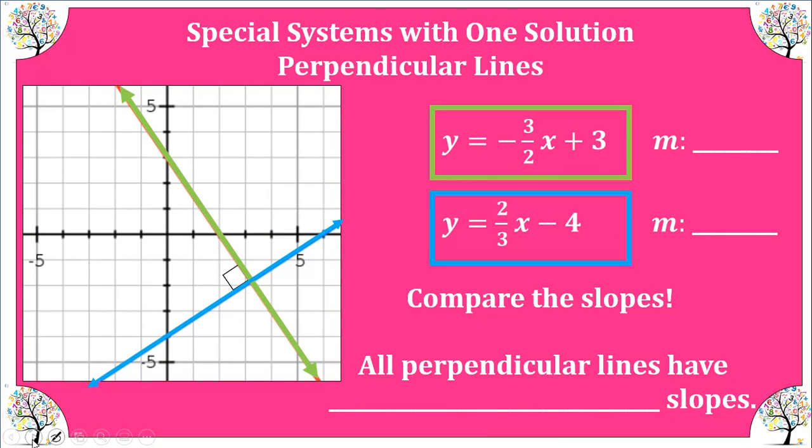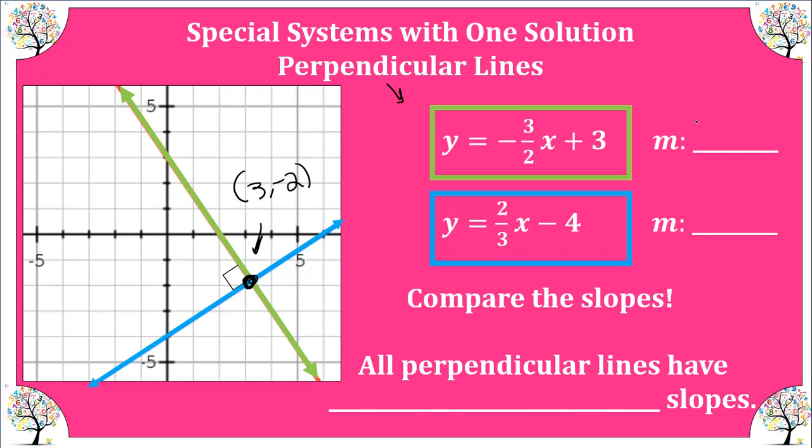But before we do that, let's take a look at a special system where they cross at one point. So here would be our ordered pair, and this would be (3, -2). But look to see when they cross, they create right angles. These are called perpendicular lines. And you need to be familiar with what a system looks like that has perpendicular lines.